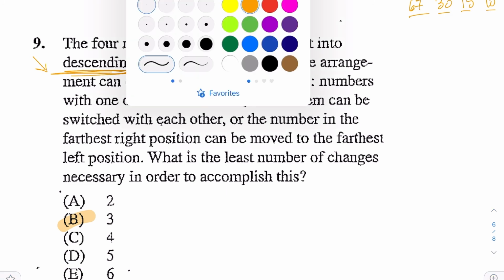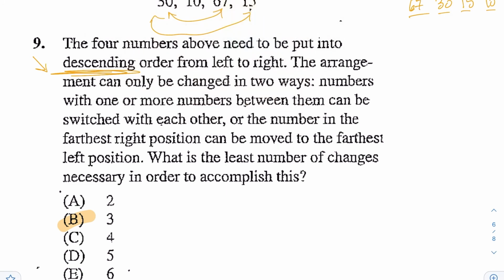And then the other way is the number in the furthest right position can be moved to the furthest left. So the number all the way on the right can be moved all the way to the left. So here, essentially try to move the numbers so that you end up with 67, then 30, then 15, then 10.